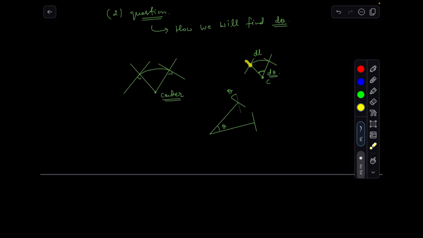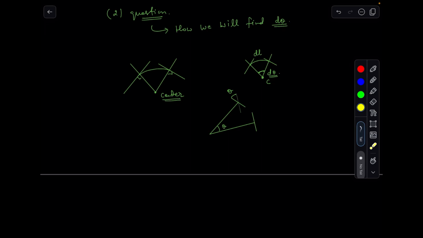If a line rotates by an angle theta, then its perpendicular also rotates by the same angle theta. So if the normal rotates by theta, then the tangent also rotates by the same angle theta.